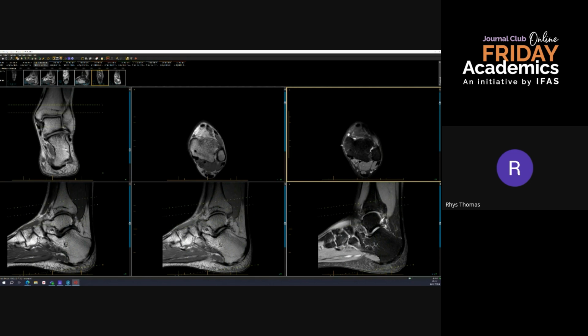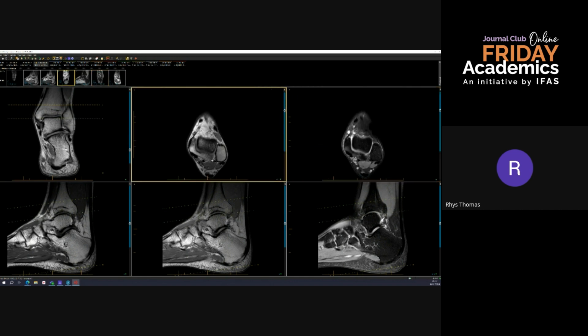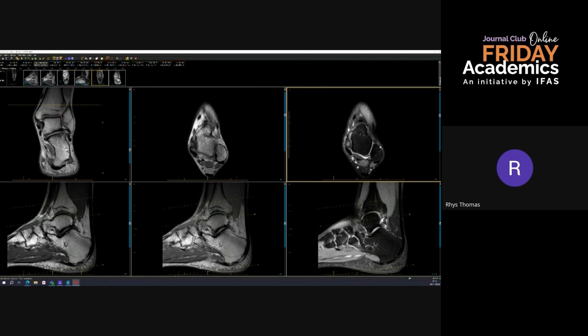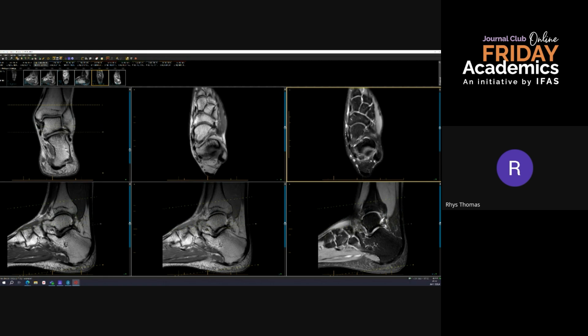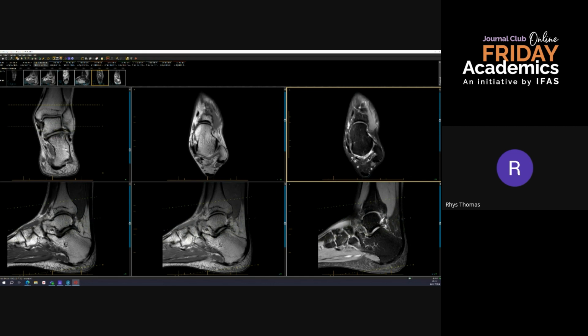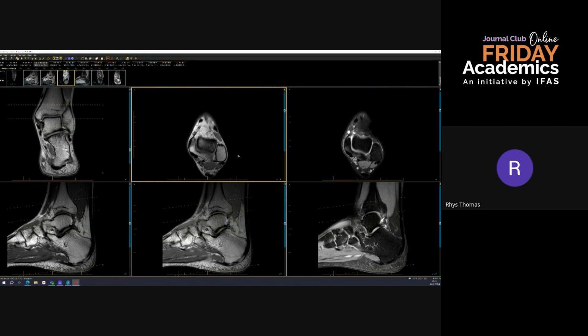I'll just run through how I tend to go through an ankle. Initially, I evaluate the syndesmotic ligaments anteriorly and posteriorly before moving forward to the ATFL, which should look nice and thin like this. You can evaluate the CFL, which you can sometimes see going between the calcaneus and the peroneal tendons on both fat sat and non-fat sat images.